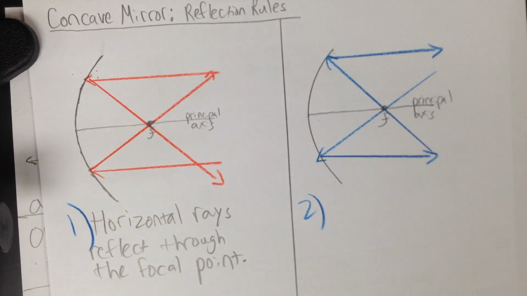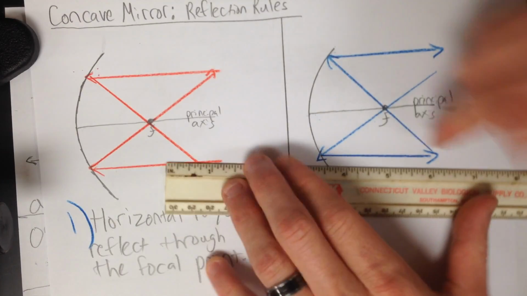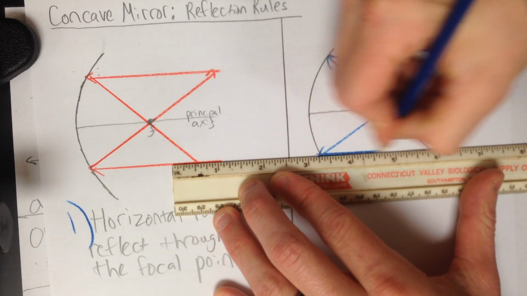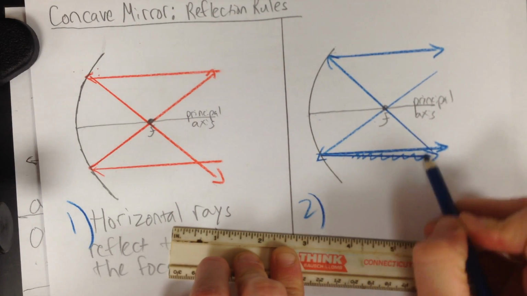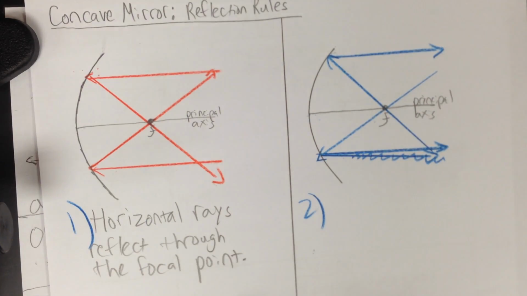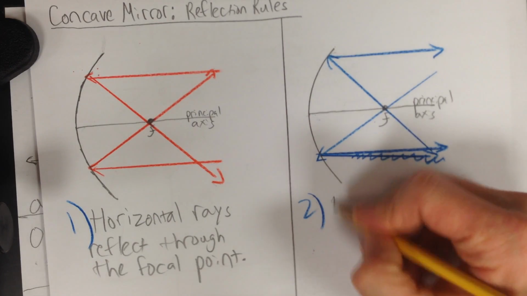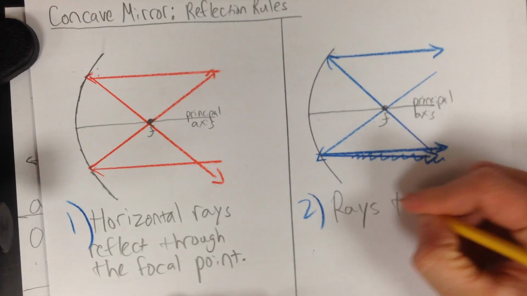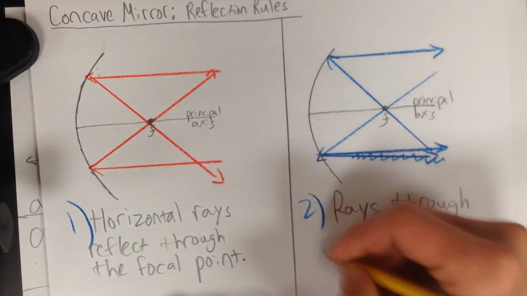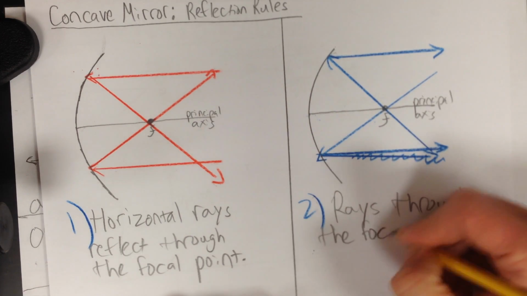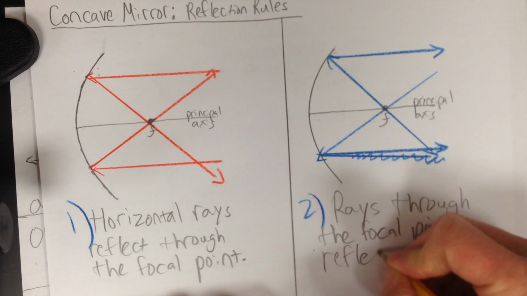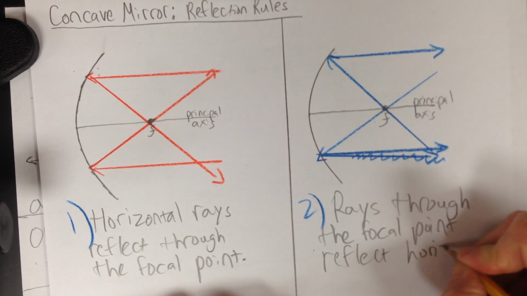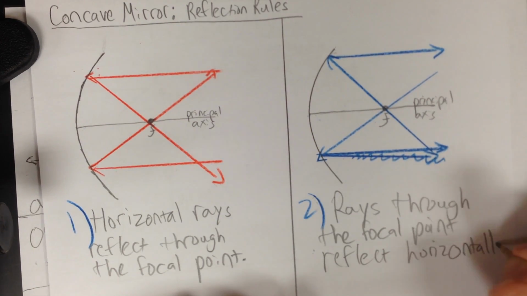Let's draw that a little better. There we go. Rays through the focal point reflect horizontally.